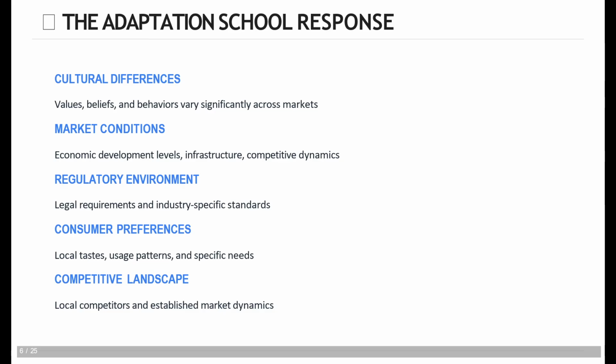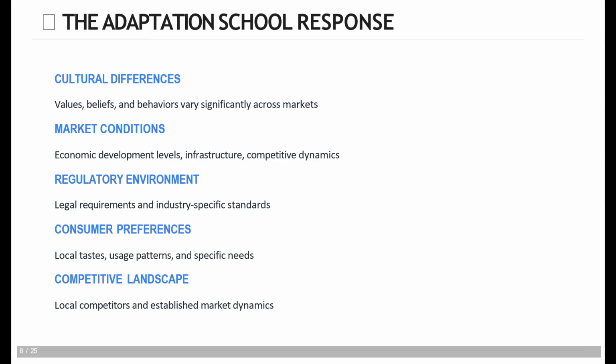And then we have the regulatory environment. Local laws, standards, and certifications can require changes to products, packaging, or marketing. For example, food labeling requirements may differ country to country. And then we have consumer preferences: taste, usage patterns, and expectations are unique to each market. For example, snack flavors popular in Asia may not sell in Europe.